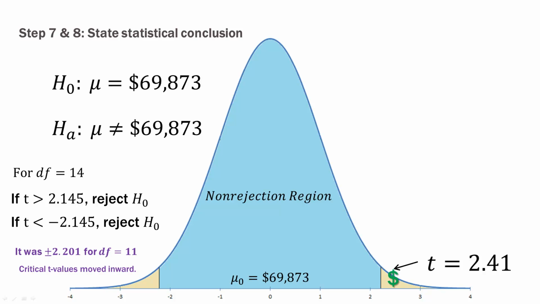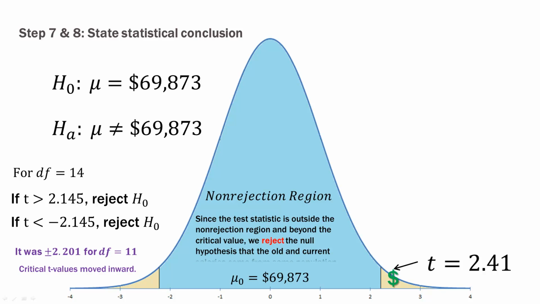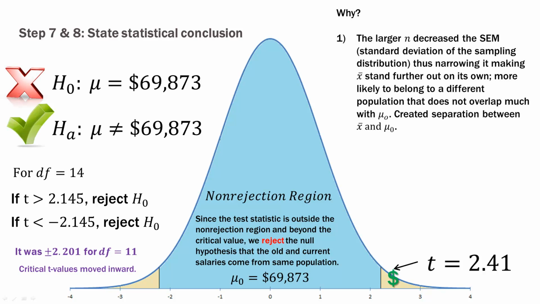So all we did here was change the sample size from 12 to 15. And now we came up with a completely different conclusion. And the question is, why is that? Well, the larger sample size decreased the standard error of the mean. So the larger sample size decreased the standard deviation of this distribution.